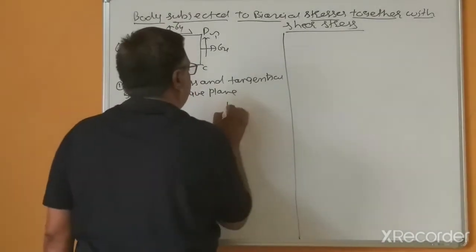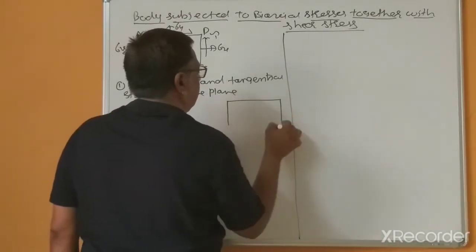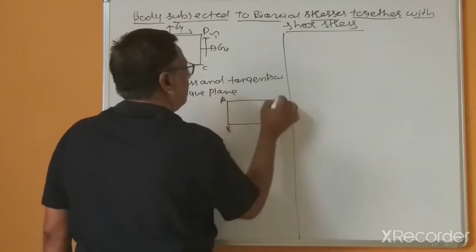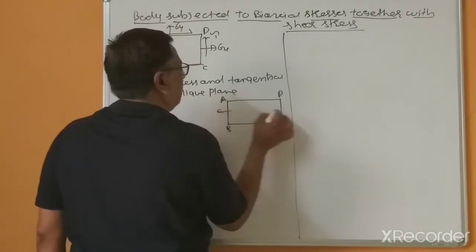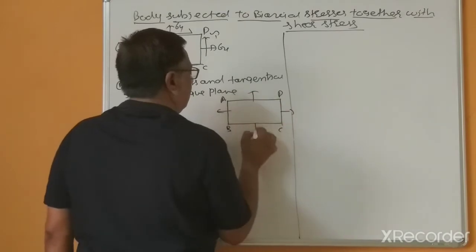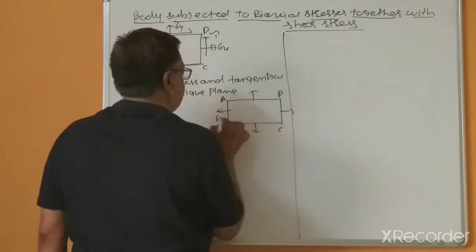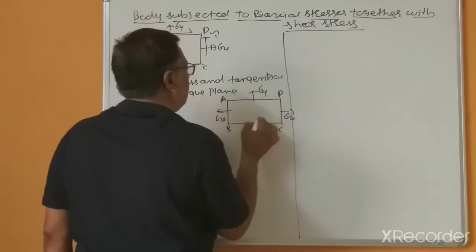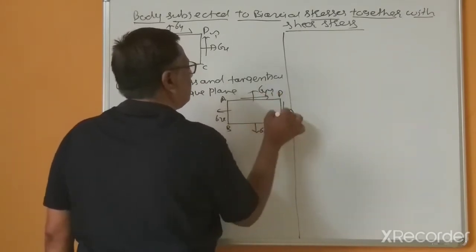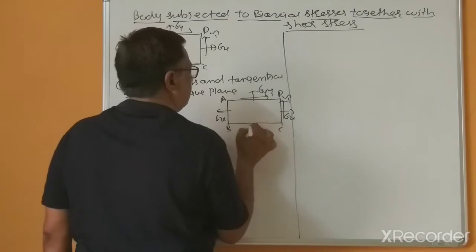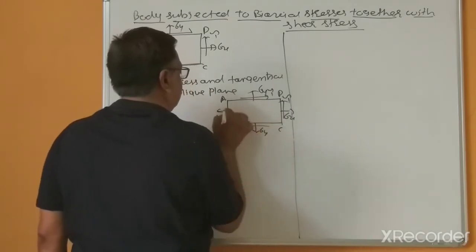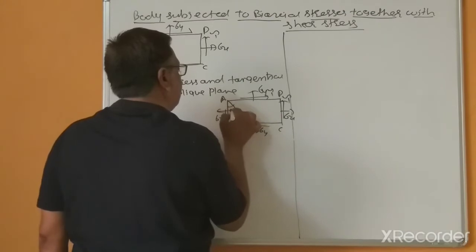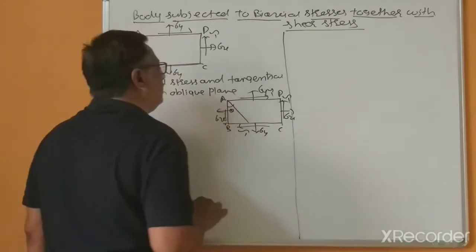Suppose this is ABCD with shear stress, and this is the oblique plane, and this angle is theta.